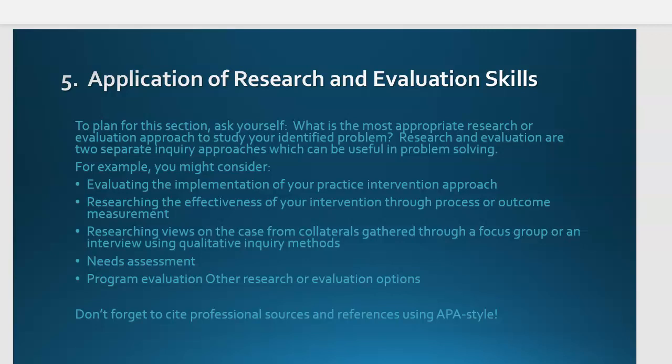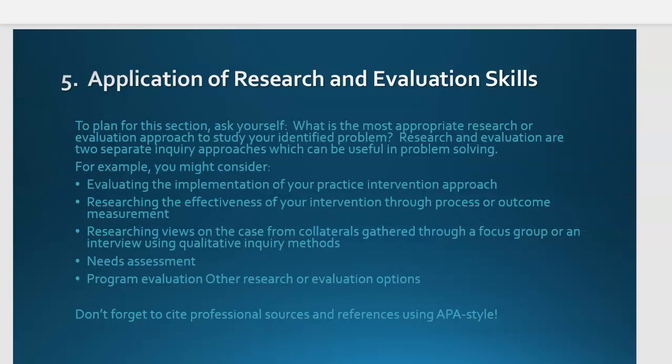So for example, you might consider evaluating the implementation of your practice intervention, or your practice approach, or your practice model. How are you going to evaluate whether the intervention was successful? Number 2 for consideration, you might research the effectiveness of your intervention through process or through some other type of outcome measurement.